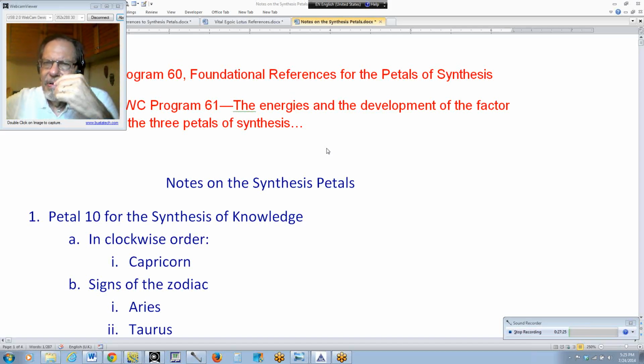Before getting into this very specific kind of assignment of energies to the synthesis petal process, we have to say that by this time, the Four Noble Truths are completely accepted.